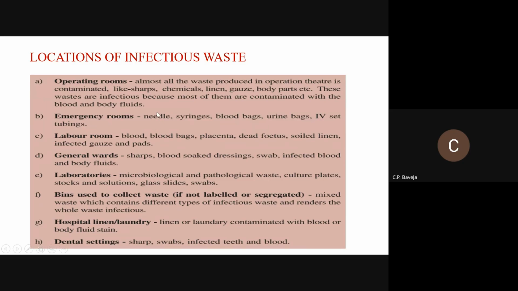Like in operation theater, you may find contaminated material. It may be sharps, blades, scalpel, maybe some chemicals used on the patient, then linen used on the patient, gauze pieces used, or maybe some body parts.